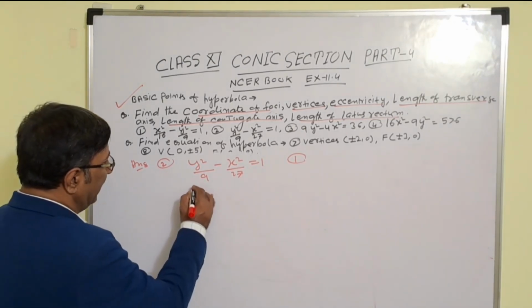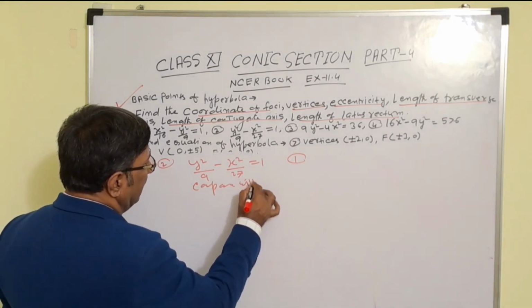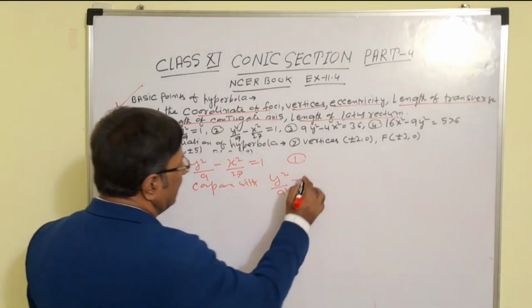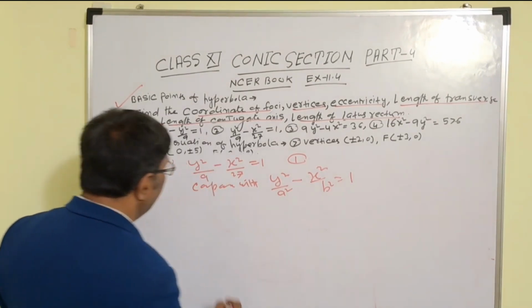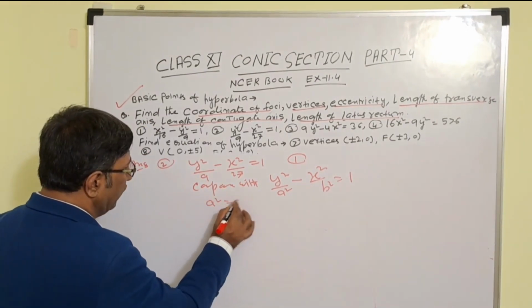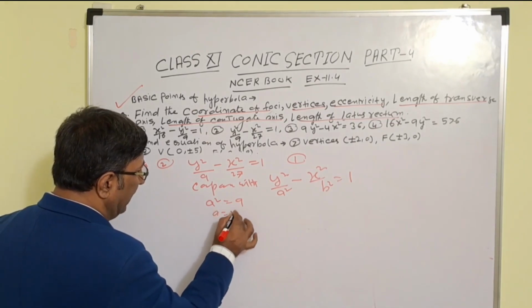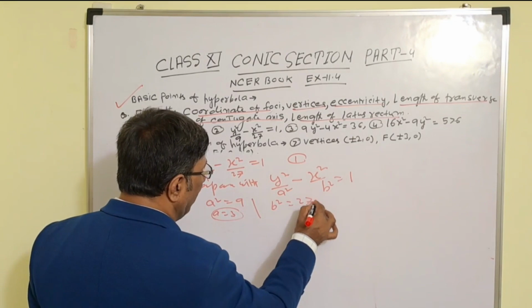So compare with this equation, compare with y square upon a square minus x square upon b square equal to 1. So you will get a square equal to 9, right? So a equal to what? 3. In the same way, b square equal to 27.